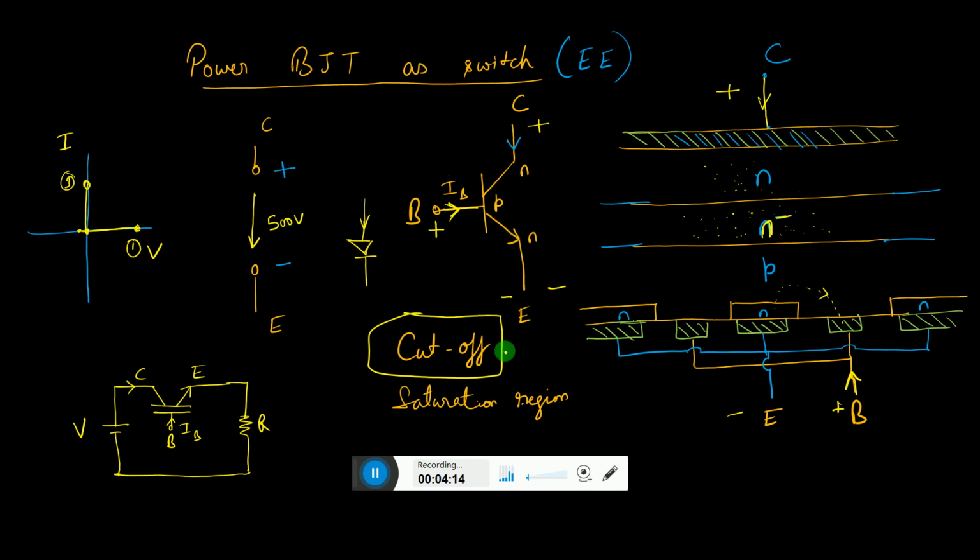One is the cutoff region, another is the saturation region. In the cutoff region it will be off, so the base current needs to be 0, and in the saturation region sufficient base current should be there so that the current will go directly from collector to emitter with the supply voltage and the load if connected.